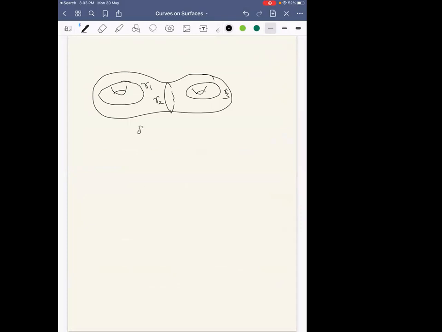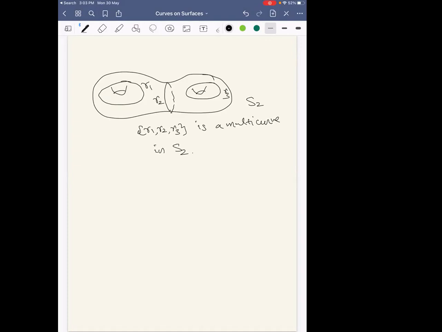Then this collection, gamma 1, gamma 2, gamma 3, is a multi-curve. The point is each of these curves should be pairwise non-homotopic. You can see gamma i and gamma j are not homotopic for i different from j. So these are pairwise non-homotopic, and this is a multi-curve.